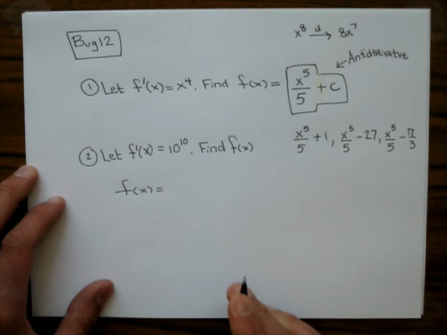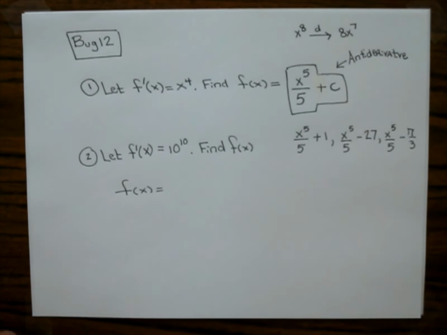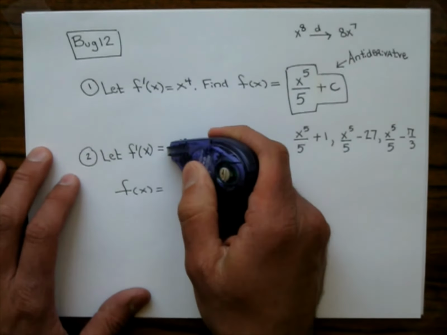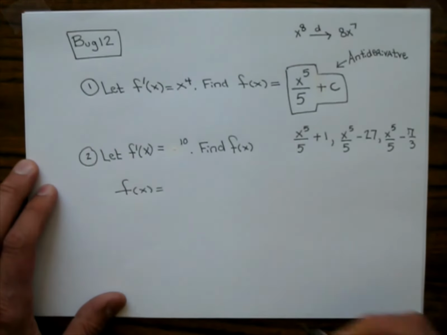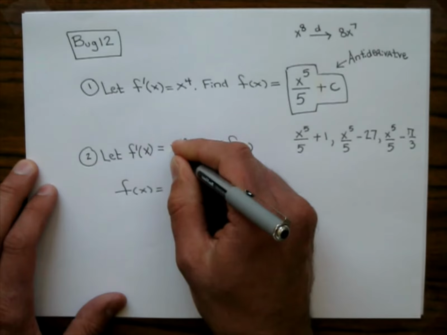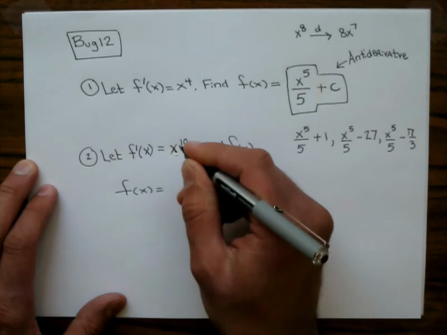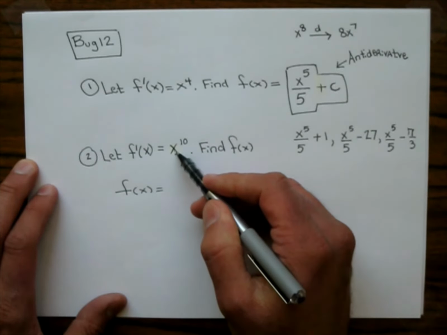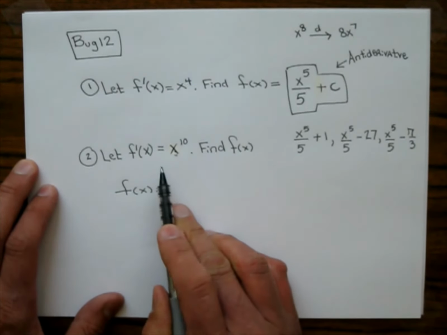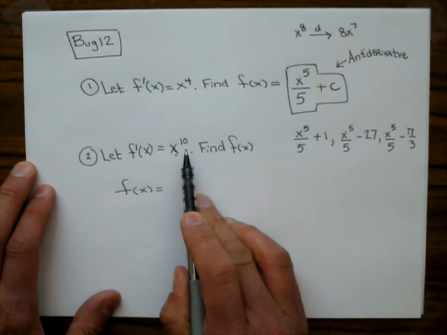F of x is, oh, what did I just do? Okay, so this is x to the 10th. I put 10 to the 10th. I'm going to roll here today. Oh, what's happening to the whiteout? So this is x to the 10th. Let's get that out. Oh man, what a mess. Okay, so the derivative is x to the 10th.